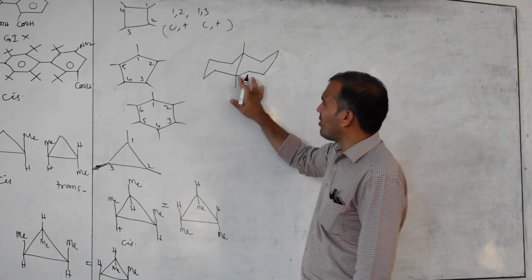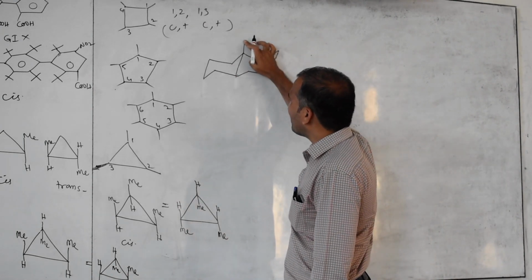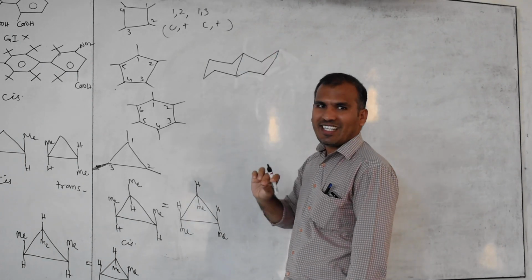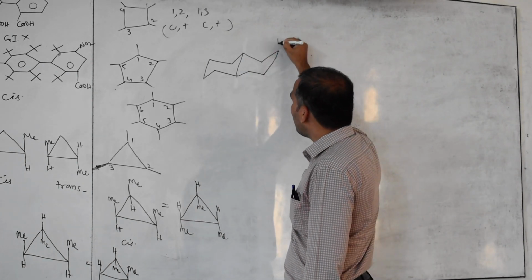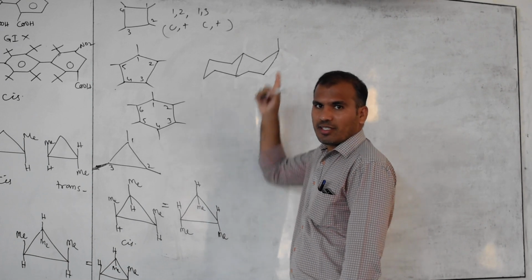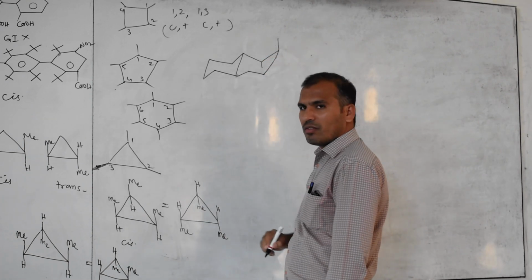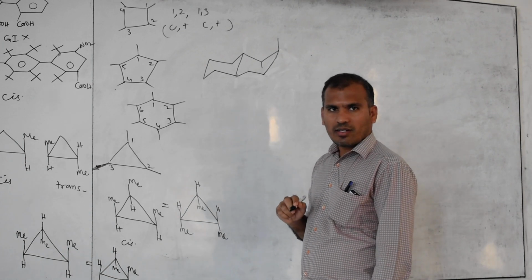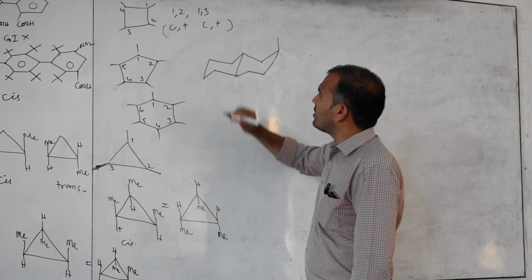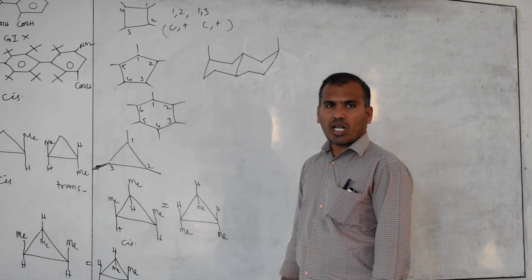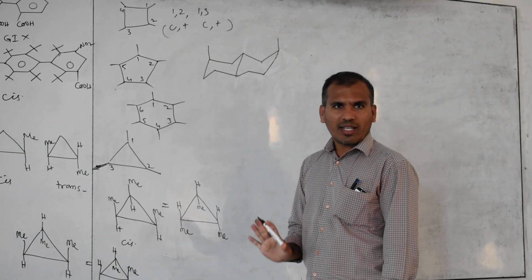Once again, to avoid your confusion, I will write so many examples. Here I will change this. Is it up or down? Then these two are trans. Remove this and place here. These two are. What is the concept?